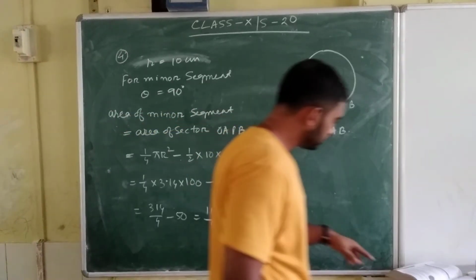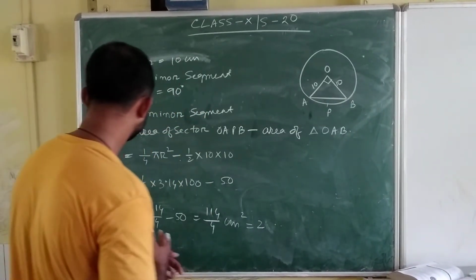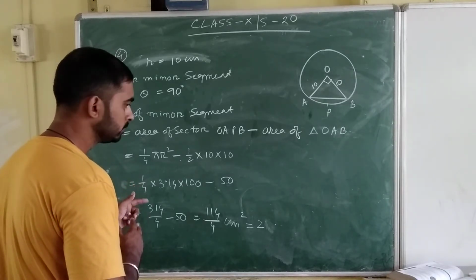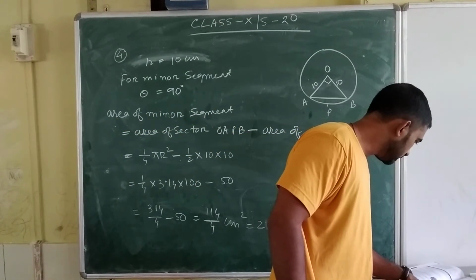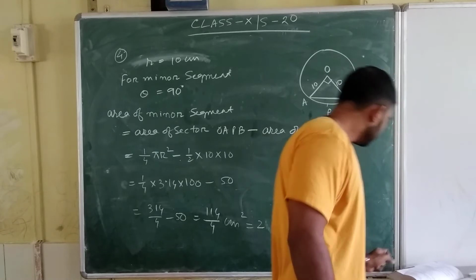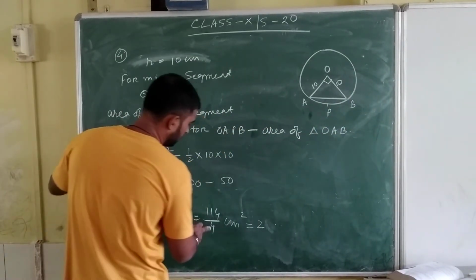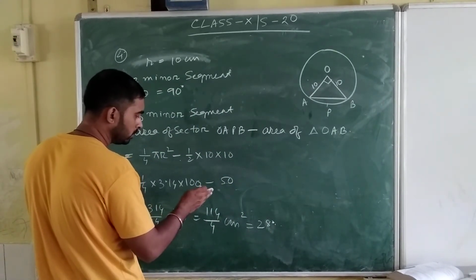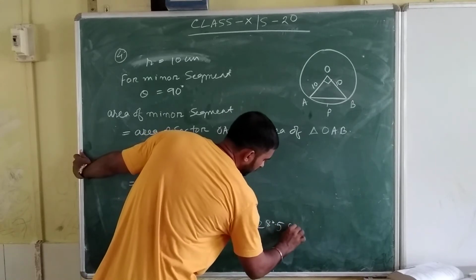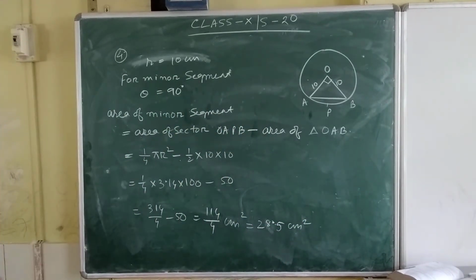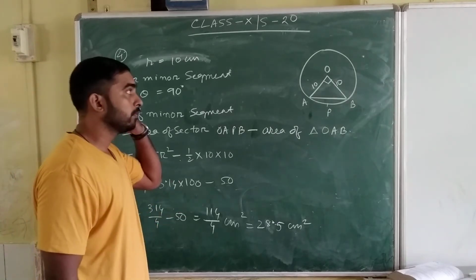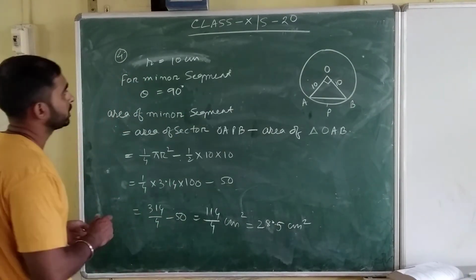With 3.14, four 3s are 12, and so on, the result is 28.5 square centimeter. So this is the area of the minor segment, 28.5 square centimeter. So now the second question is to find the area of the major sector.